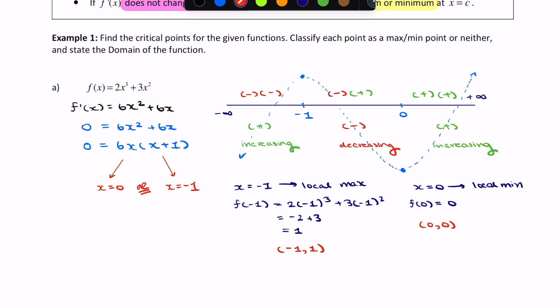So if we look here at these values, we see again that it is increasing from -infinity to -1, and then it is decreasing from -1 to 0, and then it is increasing again from 0 to positive infinity.